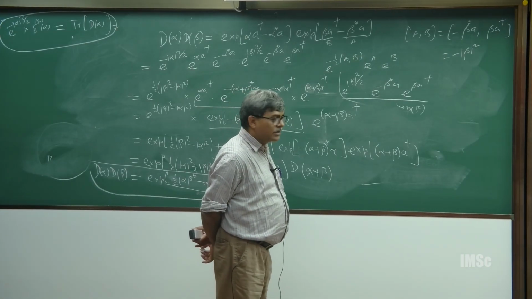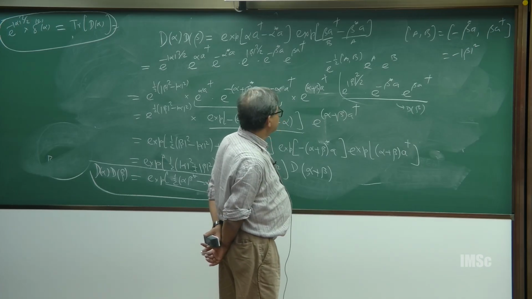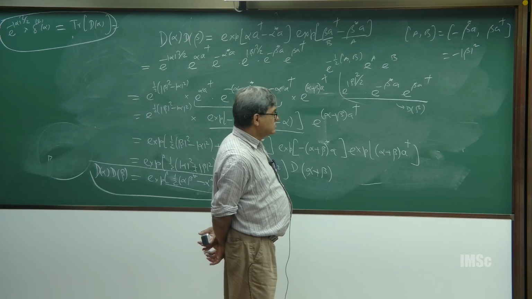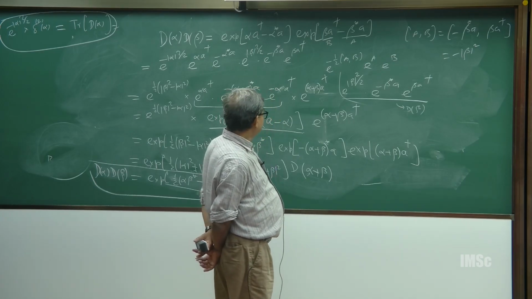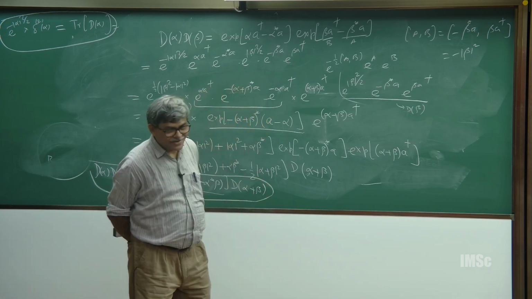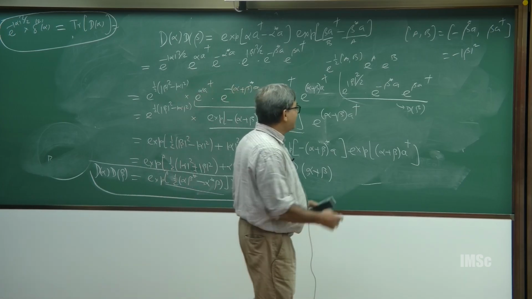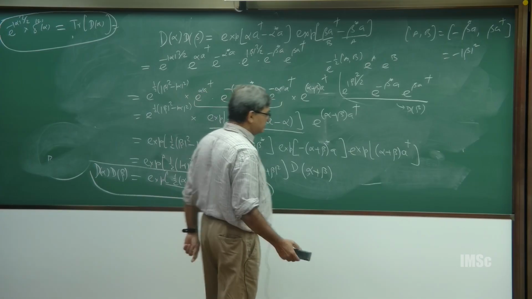Then what we have is e to A, e to B, and if you take the minus half commutator of A B to the other side of the equation, then you have e to A plus B into e to the half. Yes, you can also do that. That will be easier. Yeah, that is true.